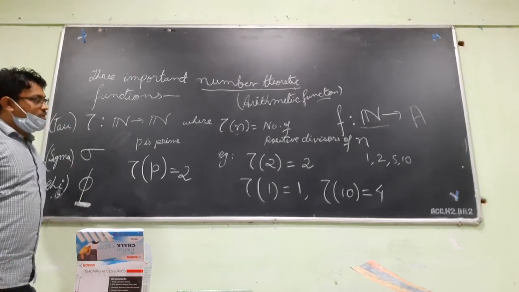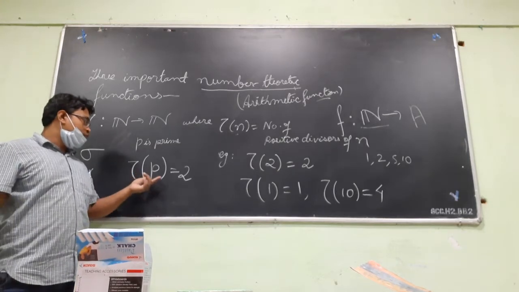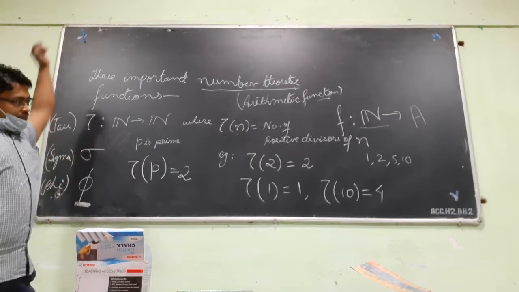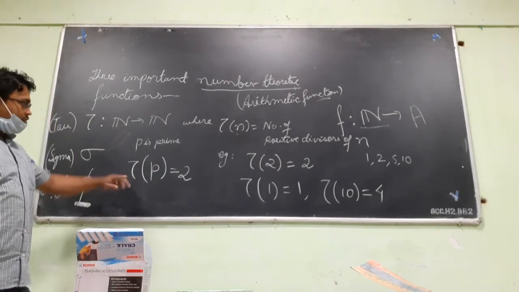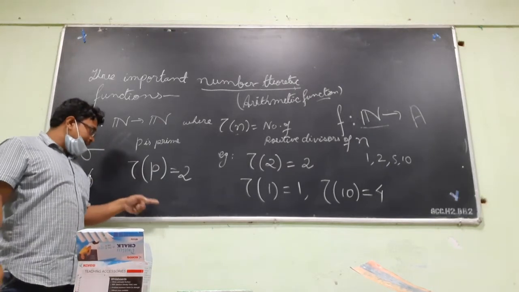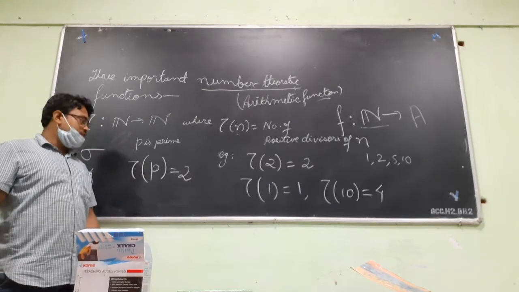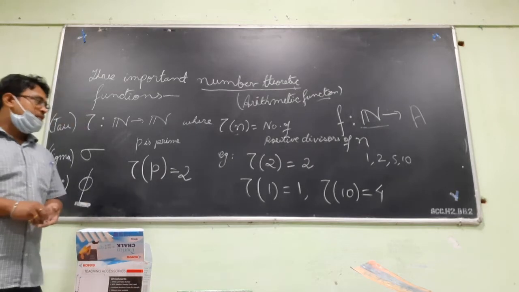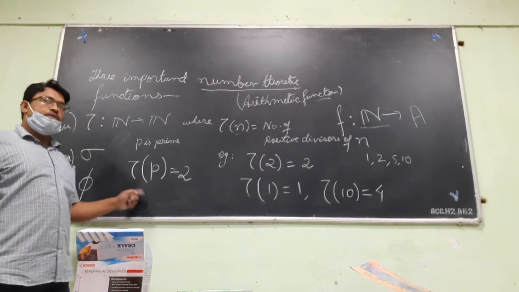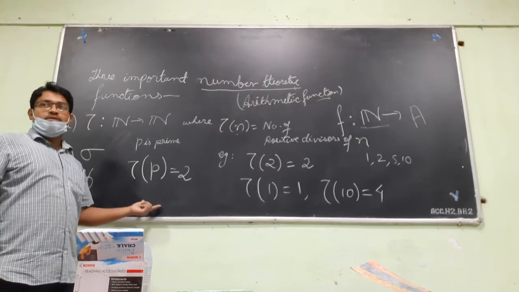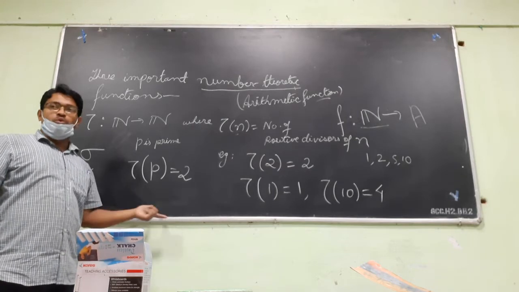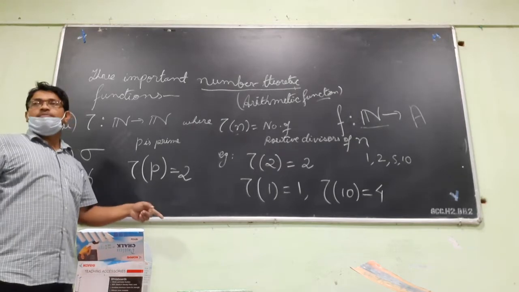So for a prime number, tau of p is 2. The other way, if tau of n is 2, can I say that n is a prime number? Is that true also?